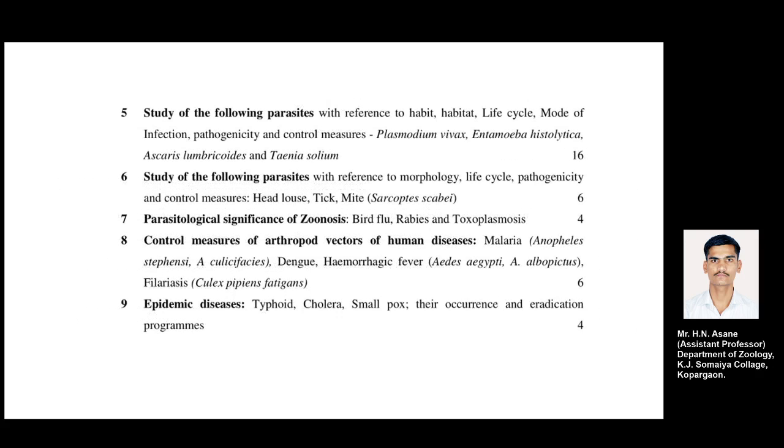In the fifth chapter, we are going to study the life cycles, pathogenicity and control measures of various types of parasites. In this chapter, we are going to study Plasmodium vivax. Plasmodium vivax is a malarial parasite, and the Anopheles mosquito is the specific host of this malarial parasite.